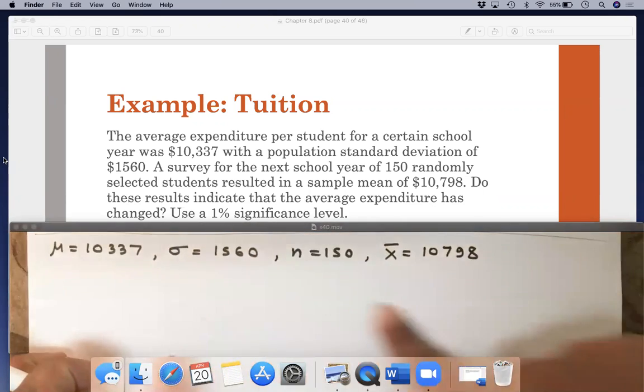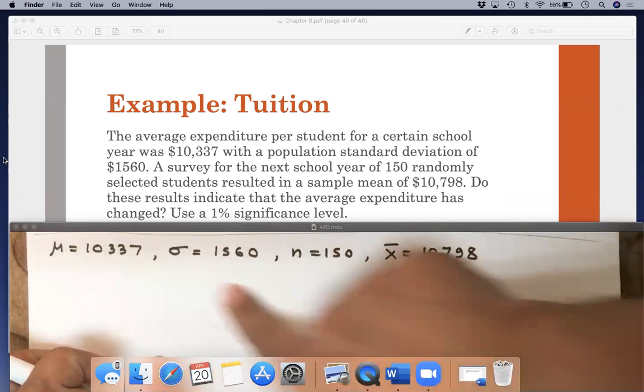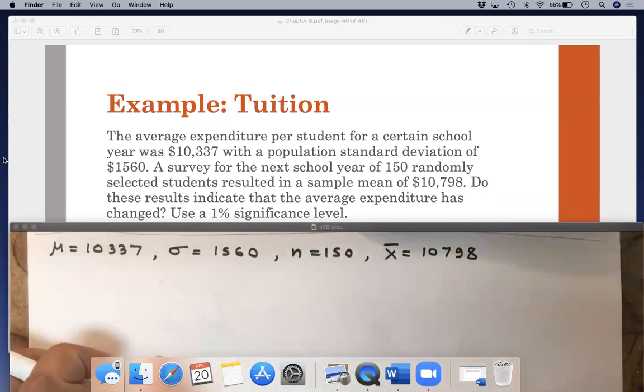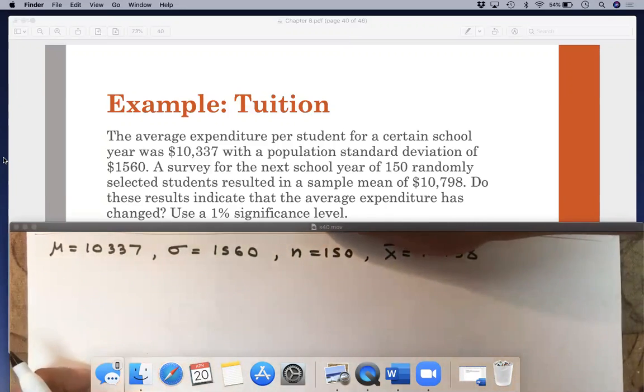Now this is my information. We have all the necessary information. Then what is the question? Do these results indicate that the average expenditure has changed? When you read that, we cannot see any keyword like increase, decrease, greater than, or less than.